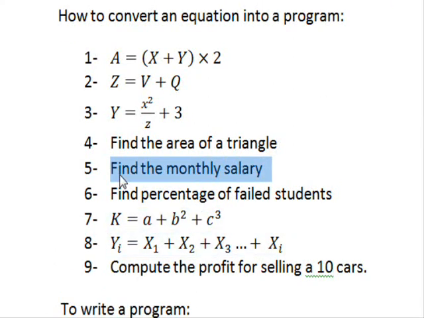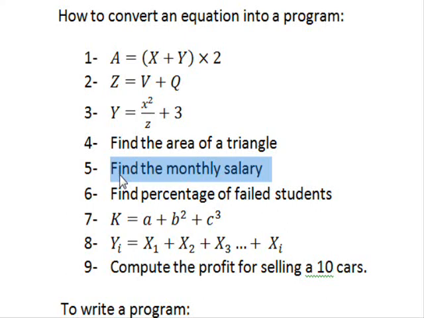Okay, so find the monthly salary. I'm just going to discuss this, I'm not going to solve it here. So this is also a very simple problem. I didn't give information about this, so in that case we are going to assume that we know the annual salary. Now how do you find the salary per month? This is very obvious, you just divide by 12.